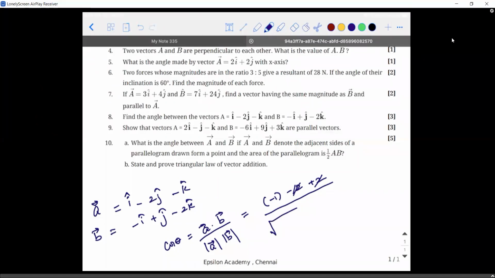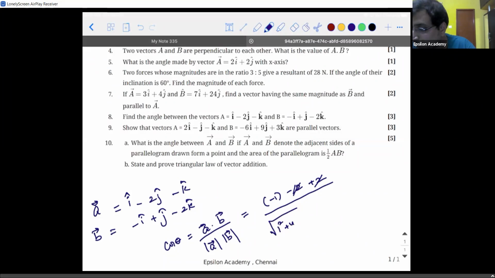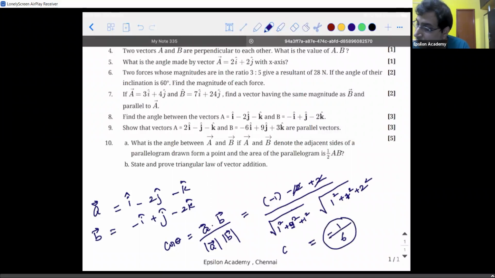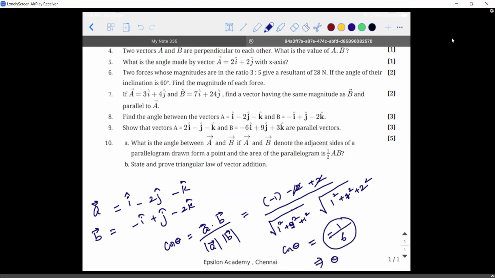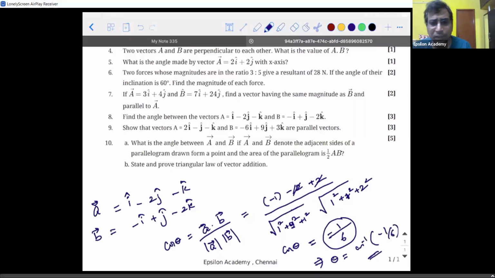Root of 1 square plus 2 square plus 1 square, it is root 6. It is also 1 square plus 1 square plus 2 square, root 6. So you will get -1 divided by root 6 into root 6, it is -1 by 6. So cos theta is equal to -1 by 6. So theta will be how much? Sir, 99.59. Cos inverse of -1 by 6. You can leave it as it is.